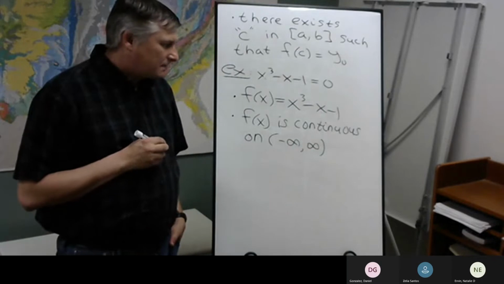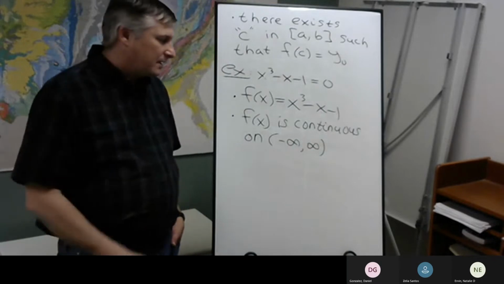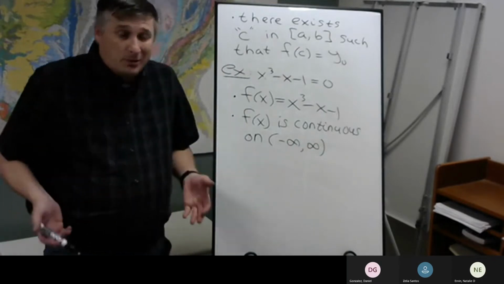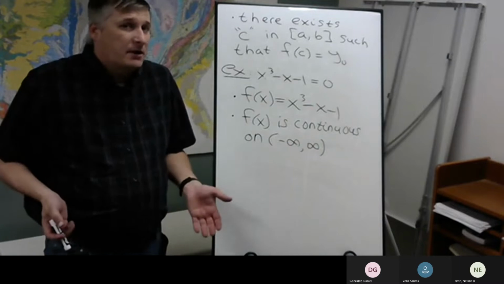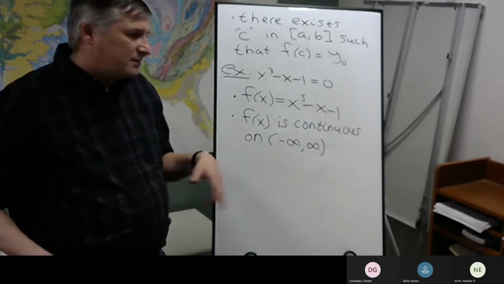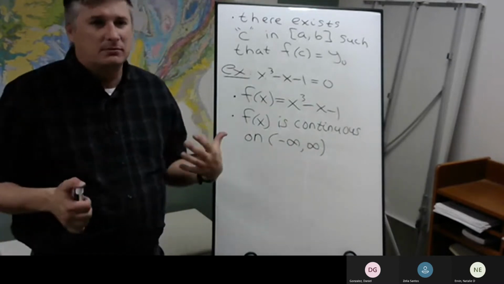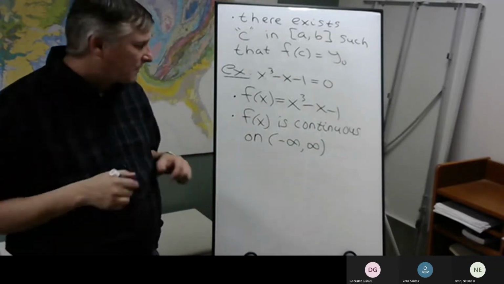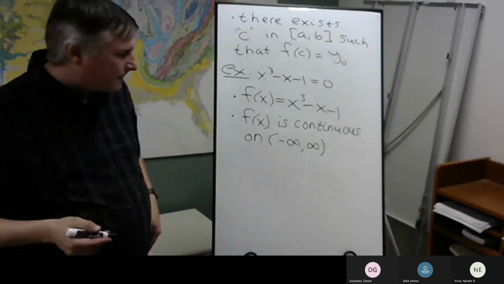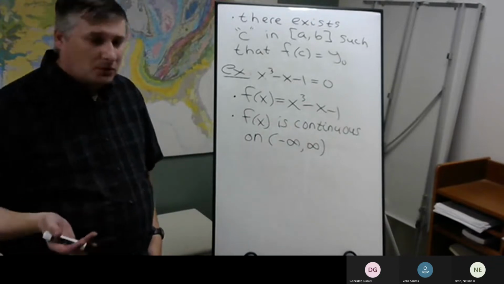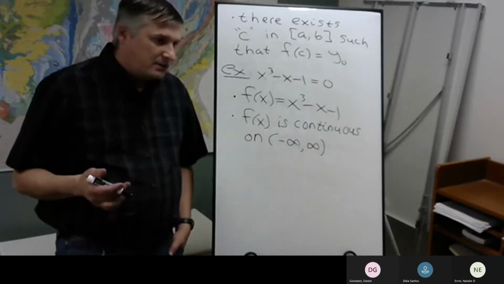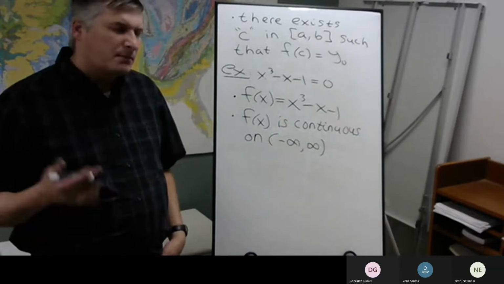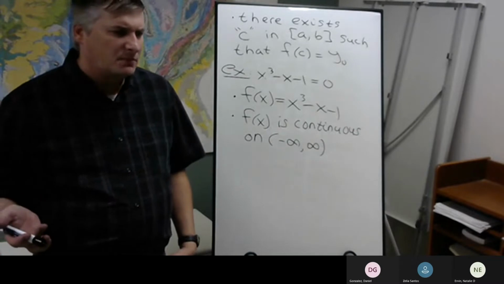So that being the case, because this is continuous, we can use the intermediate value theorem on it. Perfectly fine. If it's not continuous, we have to be careful because we could have gaps that can make this whole thing go wrong. So how do we do this? Well, what we usually want to try to do is find a number that's above the x-axis and below.